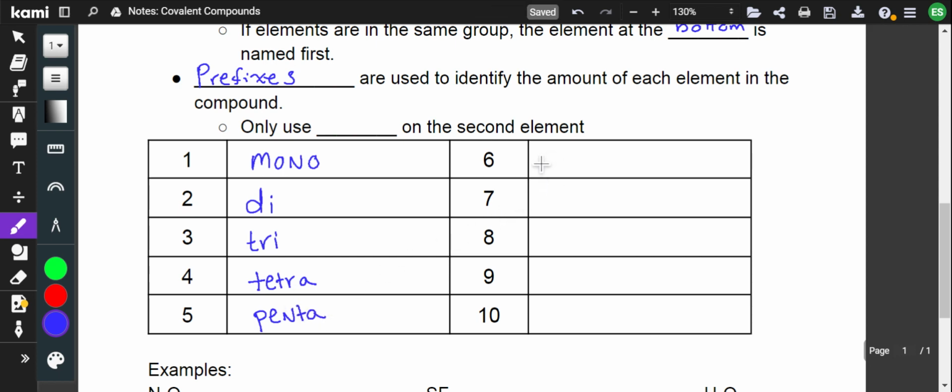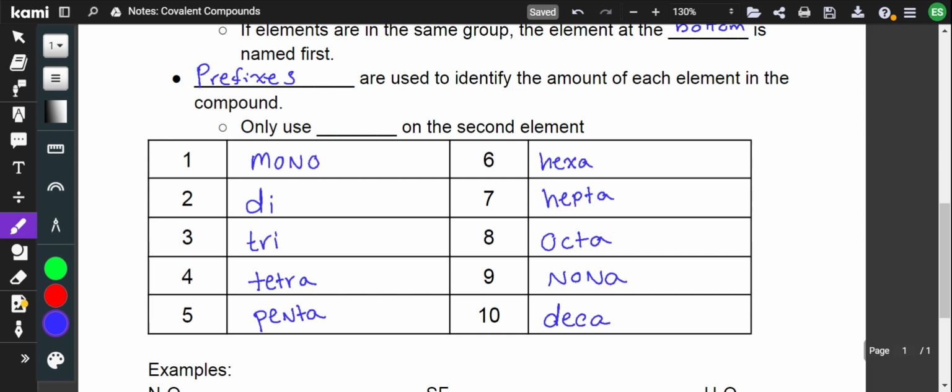And after penta, it kind of makes sense with the shapes. Prefix for 6 is hexa. 7 will be hepta. 8 will be octa. 9 will be nona, or nona. I prefer nona. And 10 will be deca. And those are our prefixes.